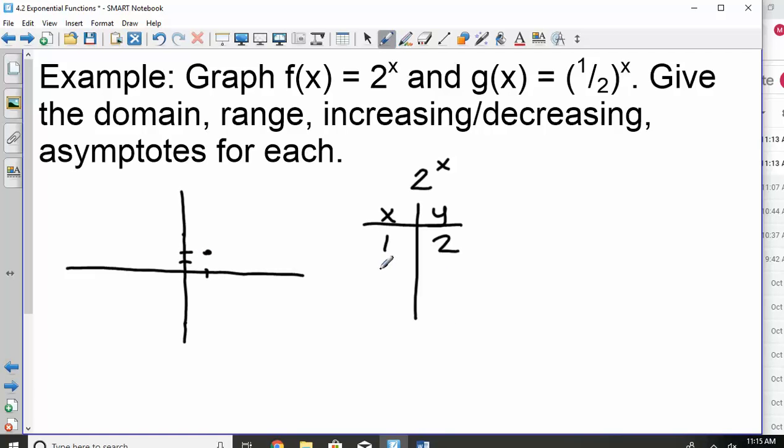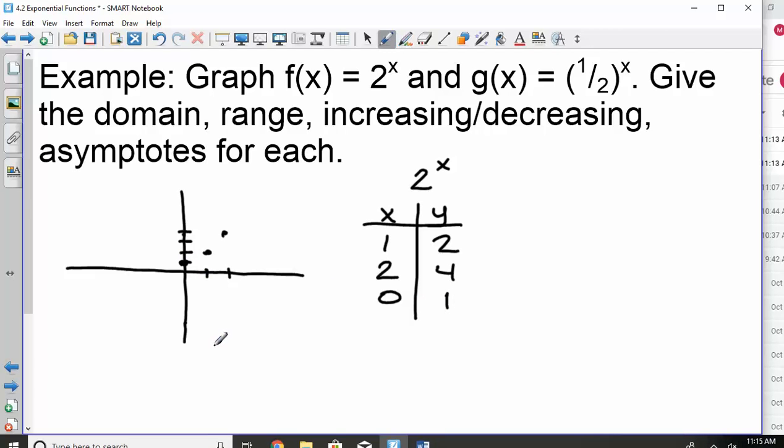If I put in a 2, 2 squared is 4. Okay. What else? Yeah. What is anything to the 0 power? 1.